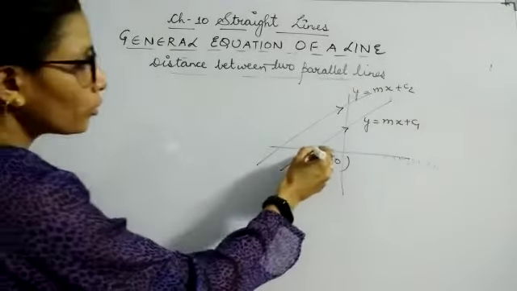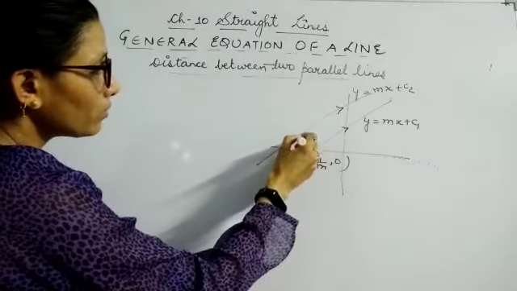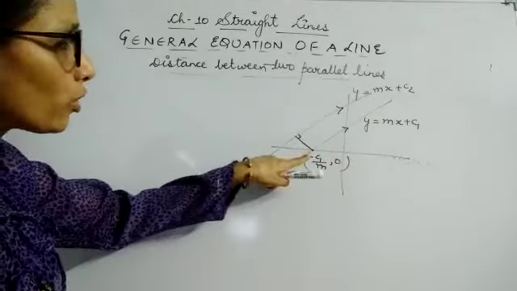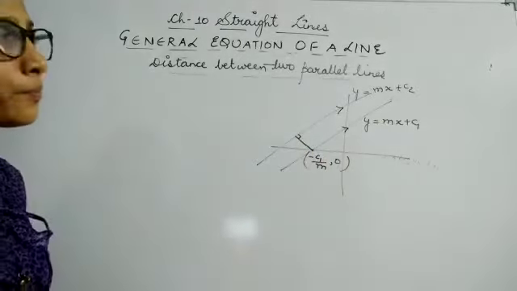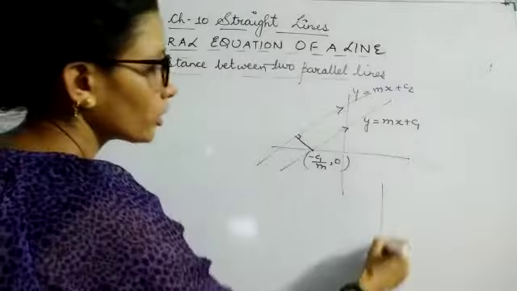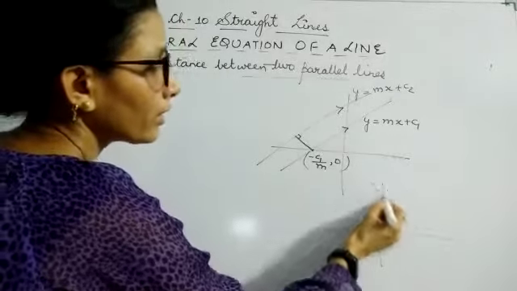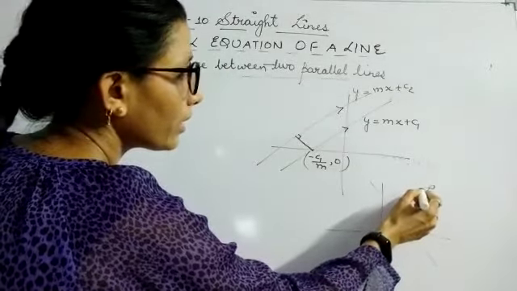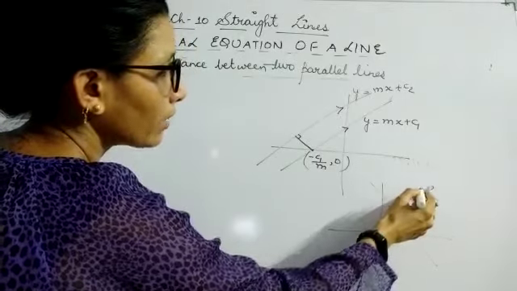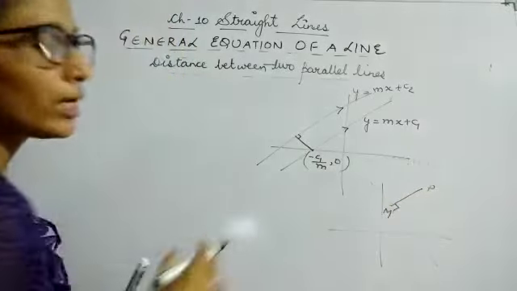Now if I want to find the distance between these two lines, then I will be dropping a perpendicular on the other line. Just now in the previous proof, I took a point here and then dropped a perpendicular, and I calculated the length of PM.